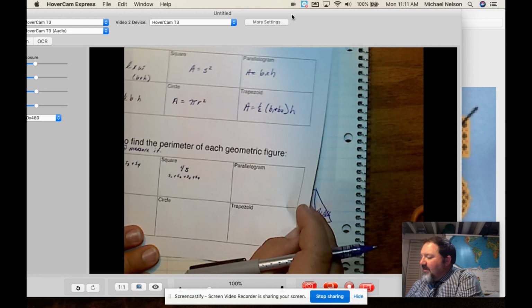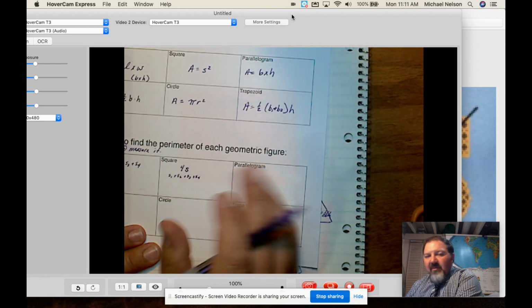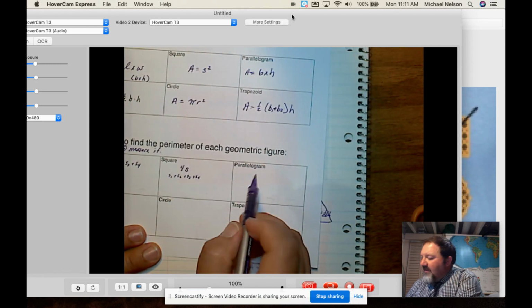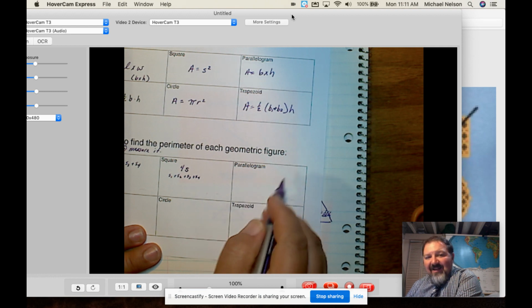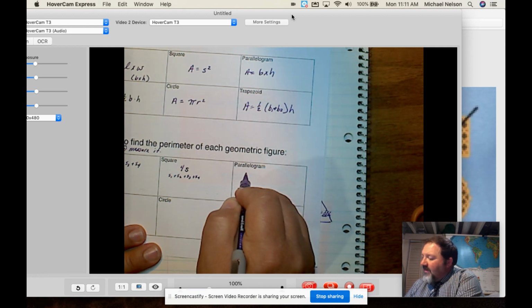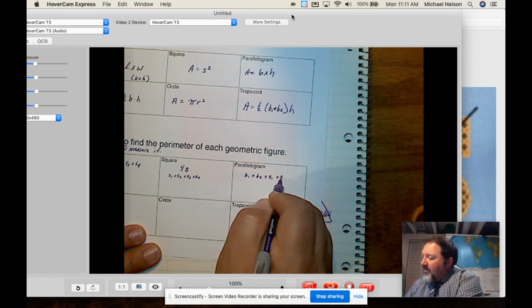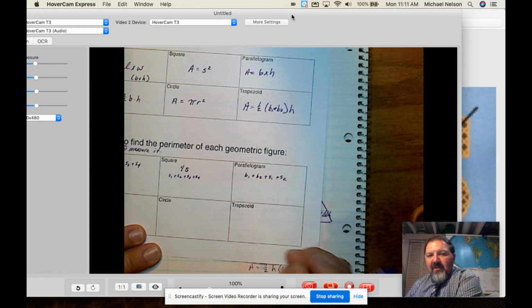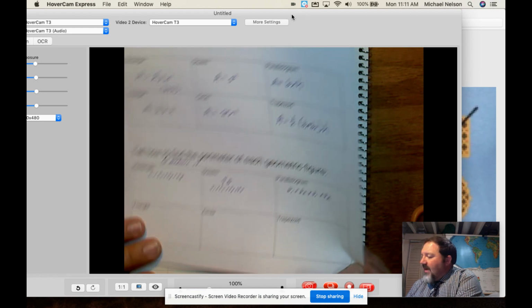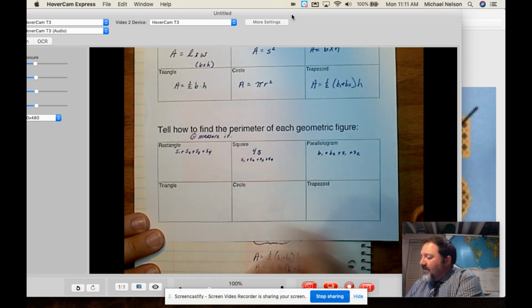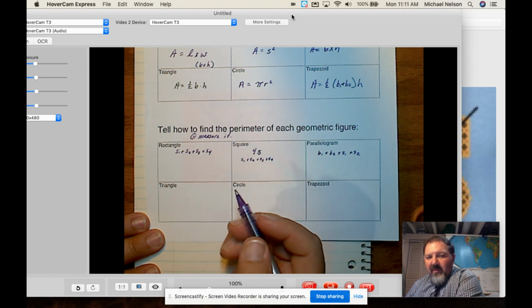Okay, parallelogram. Now, in a parallelogram, we talked about finding the base and the height. This time, you're measuring the base and the sides. So you've got your first base plus your second base plus your side 1 plus your side 2. Okay, those are how you would add all that up. For a triangle, you just add all the sides.